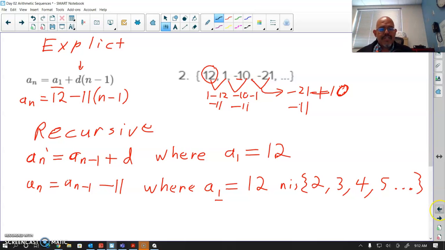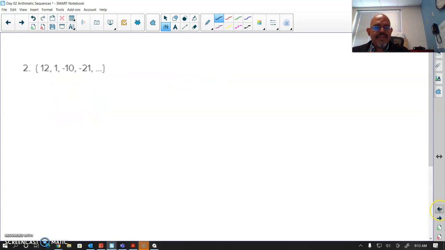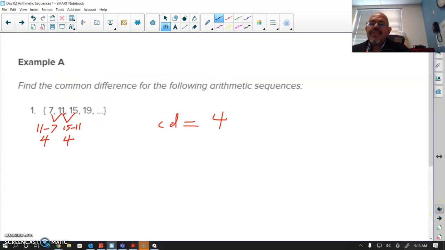So if I were to write this into an explicit sequence, let's go to the first one here. Wow, this thing is not wanting to behave. There we go. Our a sub 1 is 7, our d is 4, and all we have to do is write the explicit function.